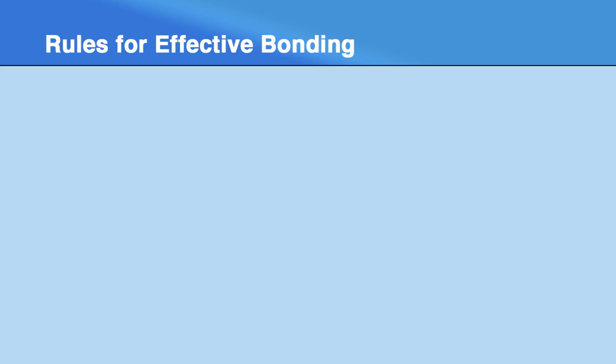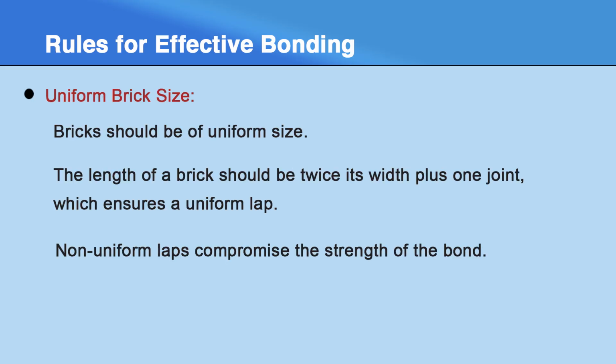Next is about the rules of effective bonding. In order to ensure a strong bond in masonry, some rules are to be adhered to. Number one is about the uniform brick size. We have the different types and kinds of bricks. So, the bricks that we are going to use should be of uniform size.